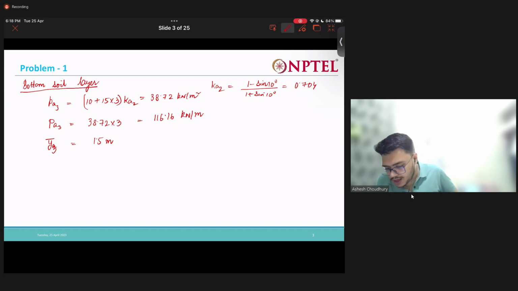Right, done. Now there is some cohesion in the soil also, right? So let us take into consideration the effect of cohesion, so minus 2c root over Ka, that term will come, right? So minus 2c root over Ka2, that term will come.